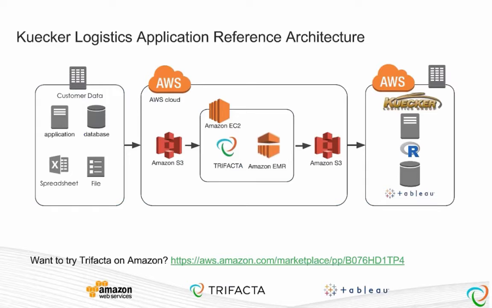This Edge AWS environment sits atop an Amazon EC2 instance where data can be read from local files, on-prem databases, applications, and so on to S3, wrangled through Trifacta, and then published back through S3. Because this Edge product is a managed solution, Kuecker doesn't need to hire a dedicated IT team to manage the solution, so they don't need to onboard an entirely new team to manage any new data products that they have.